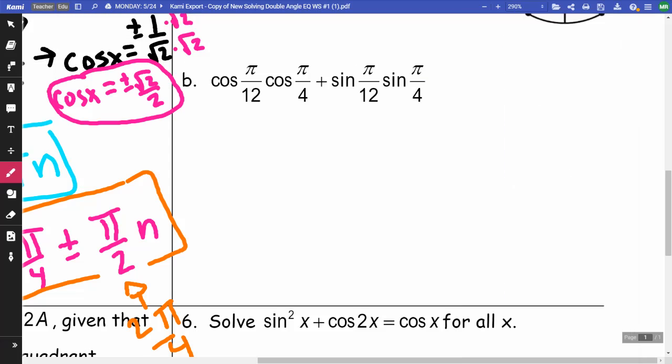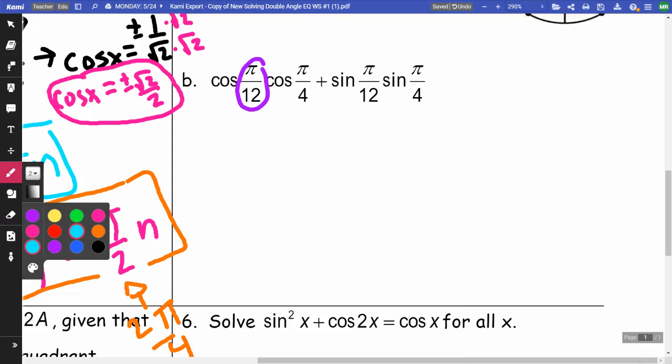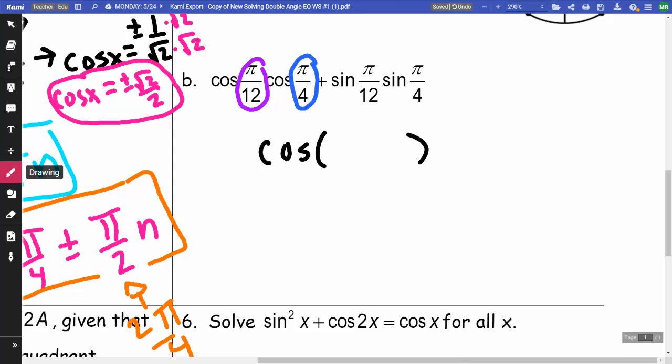Okay, so let's see. I'm going to have my pi 12ths. And I'm going to have my pi fourths. So I'm going to have cosine of, and again, this is going to be pi 12ths, and it's minus because it's opposite of the sign that's here.